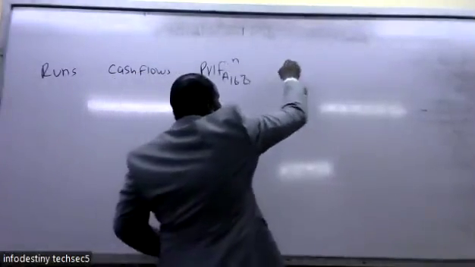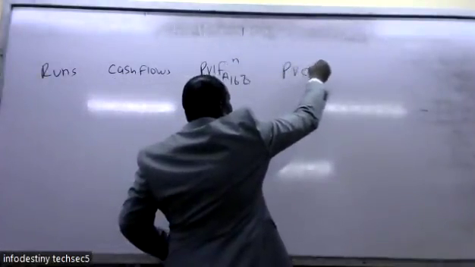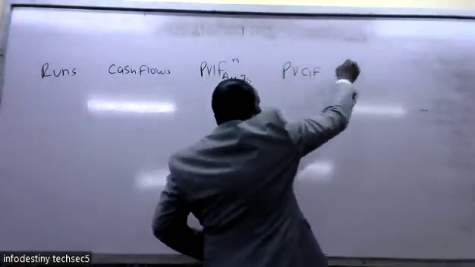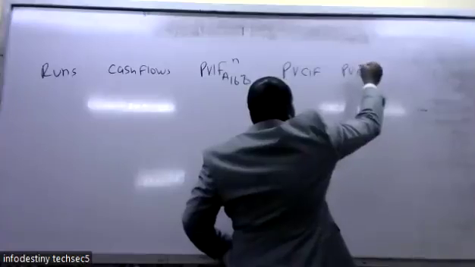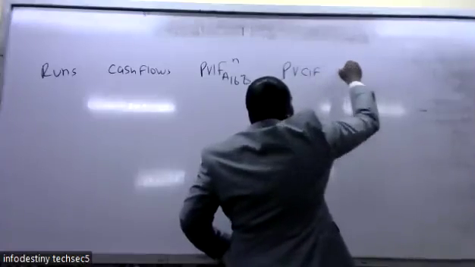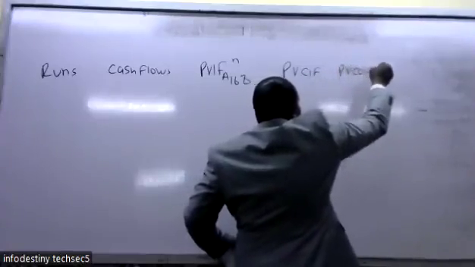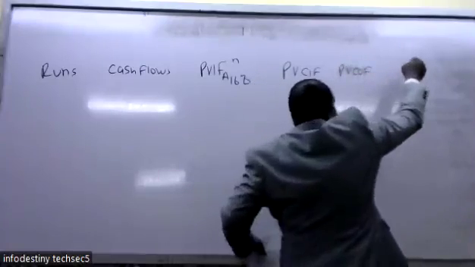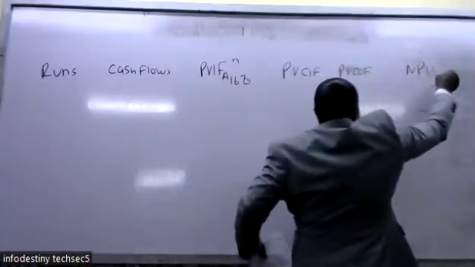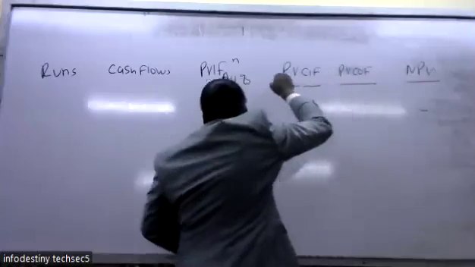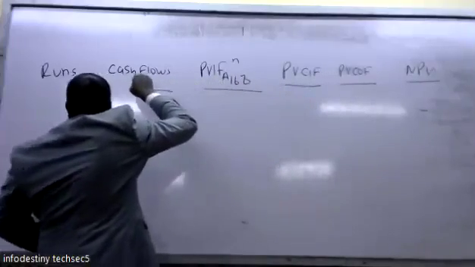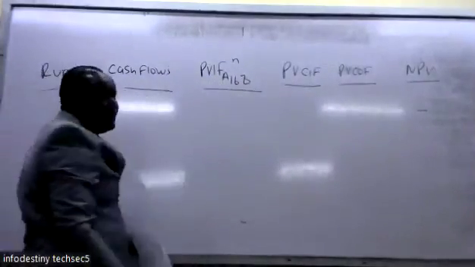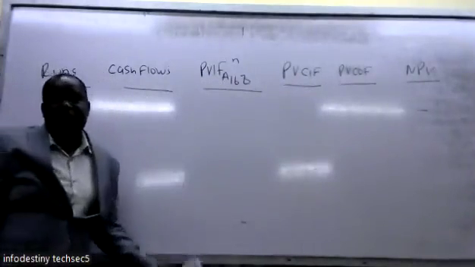So you will be coming up with the present value for the cash inflows, then also the present value for the cash outflows, so that we get the NPV in that order.